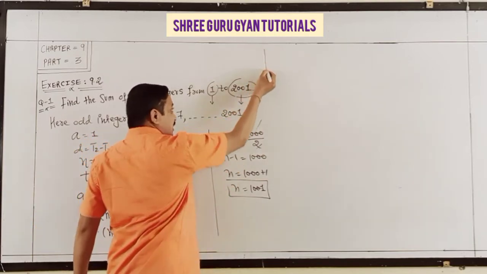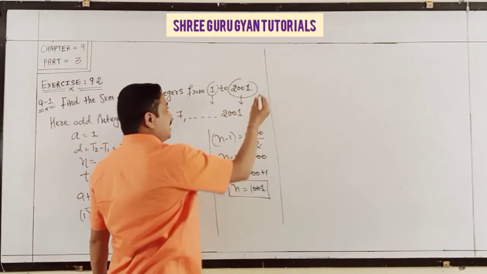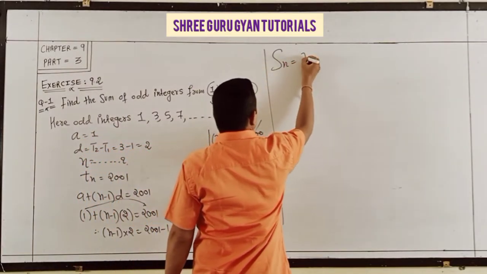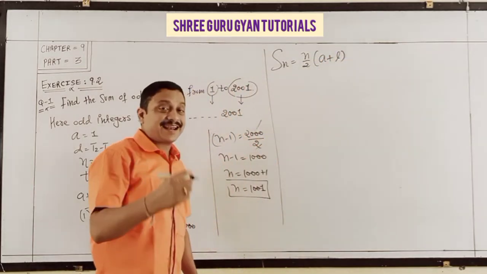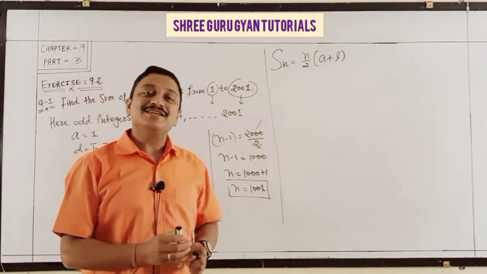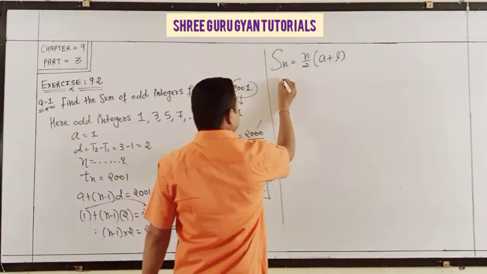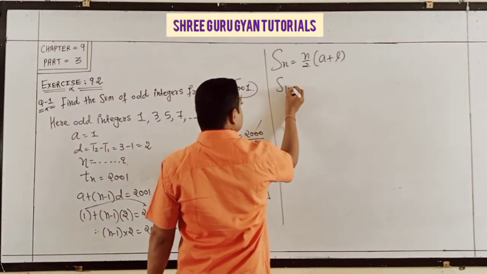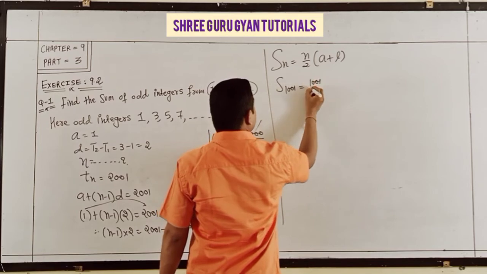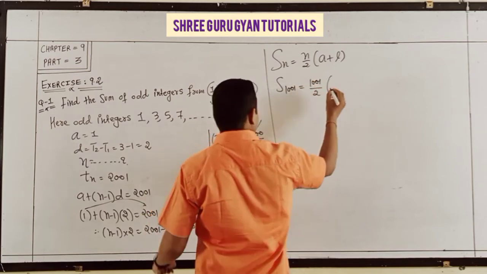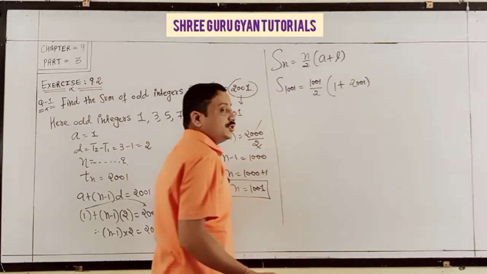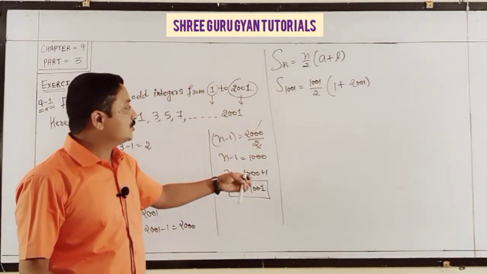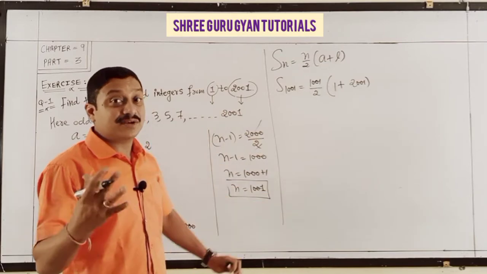So here the summation: Sn equals n by 2 into a plus l, because it is an arithmetic progression. In the summation, apply n as 1001. Here 1001 by 2, a is 1, and l, the last term, is 2001. Now students, here we easily get our answer.